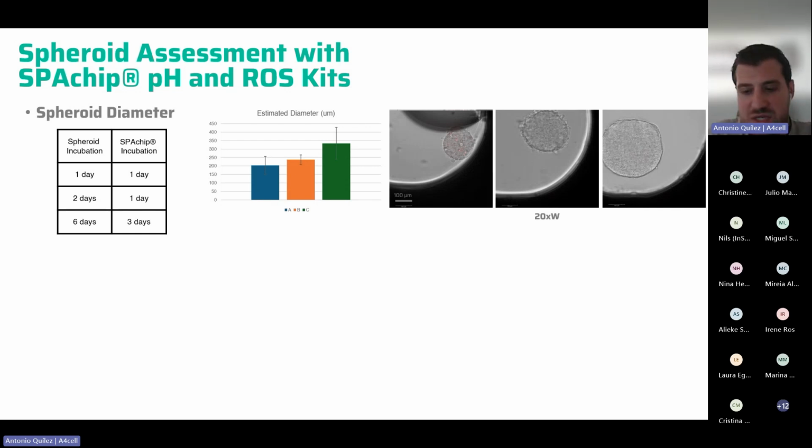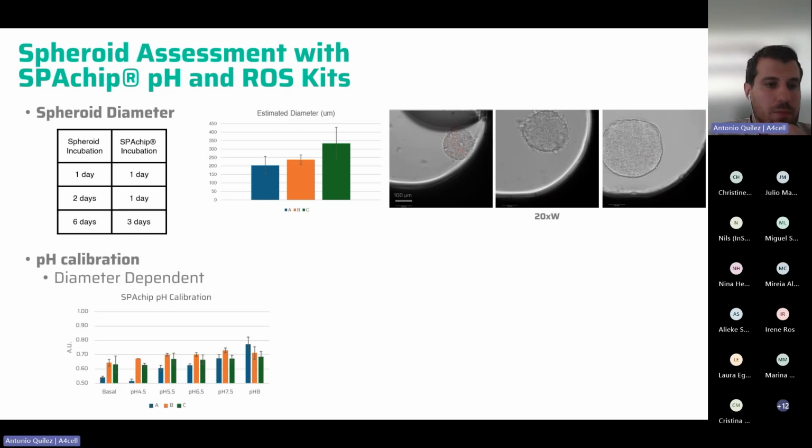You can add your SpheroCHECK during aggregation, at the early stages of the sphere formation, or even when you have a quite large spheroid. Then we did some pH calibration with our SpheroCHECK kit. And what we realized is that there's a dependence on the diameter, because the data obtained for the small spheres that we analyzed with the chips started from the moment of the aggregation, what I called here in the graphs sample A.